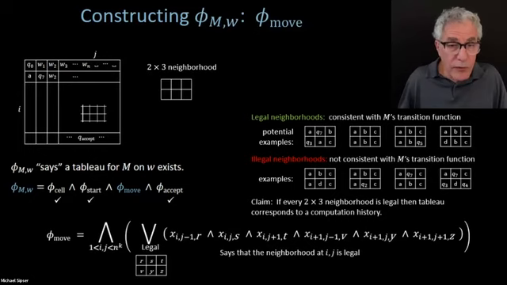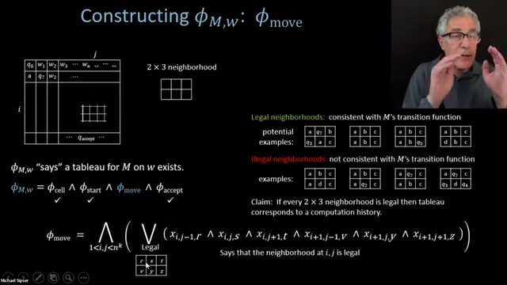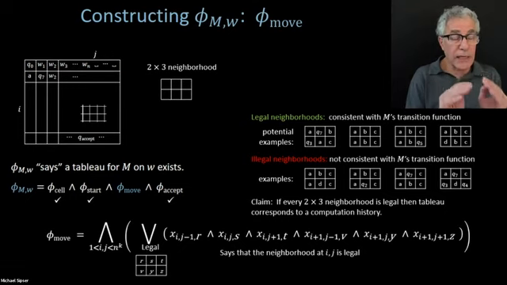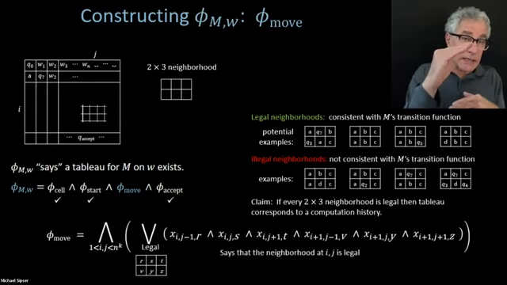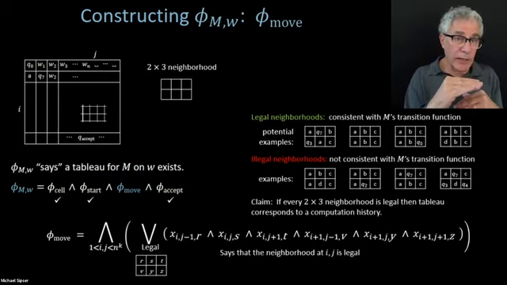Could I go over the OR for legal again? Okay, the big OR here, what I have in mind is, first of all, I look at the machine and I look at the transition function. And based on that, I write down the list of all the legal 2x3 neighborhoods. So all the settings which correspond to legal 2x3 neighborhoods.